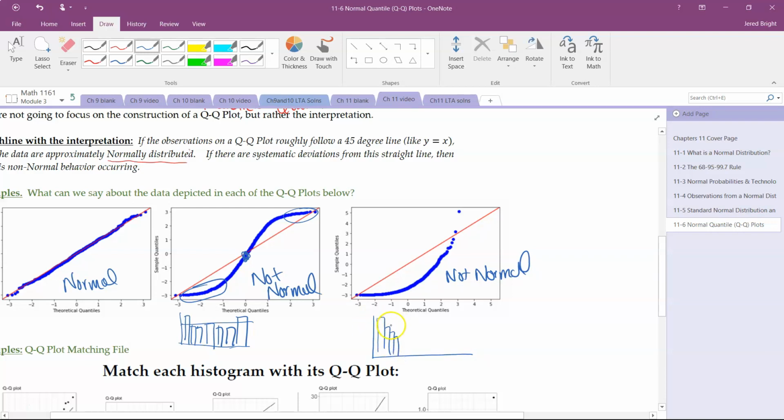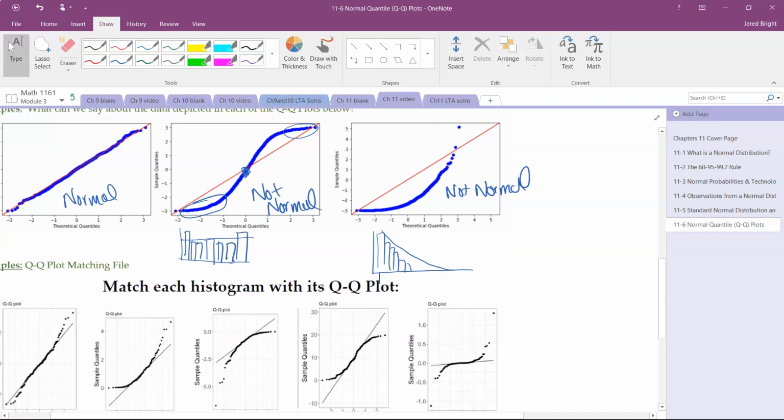It is skewed to the right because there are less frequent values off to the right side. So this one looks more exponential in nature, at least when you're looking at the QQ plot, and that skew is actually a right skew.